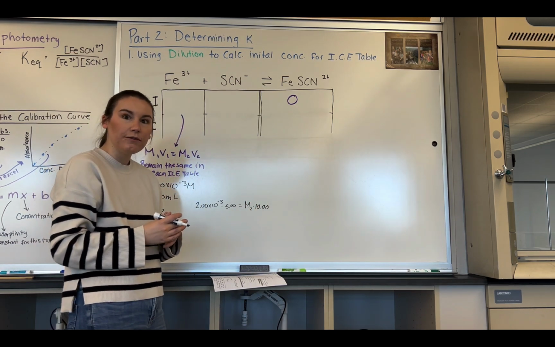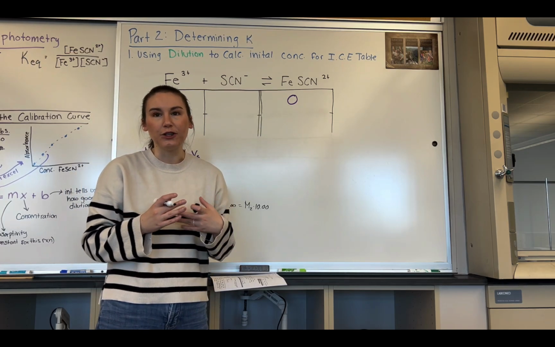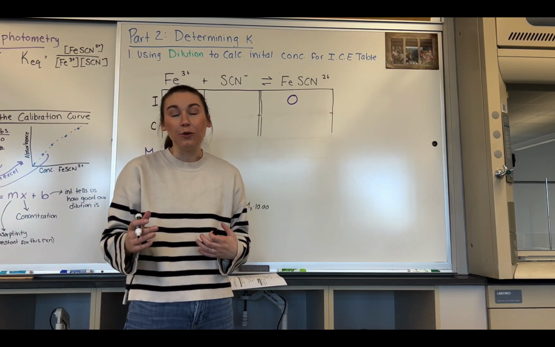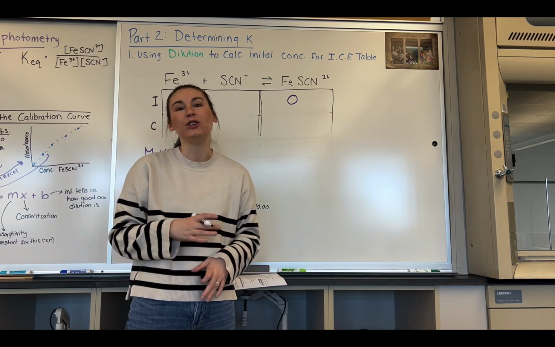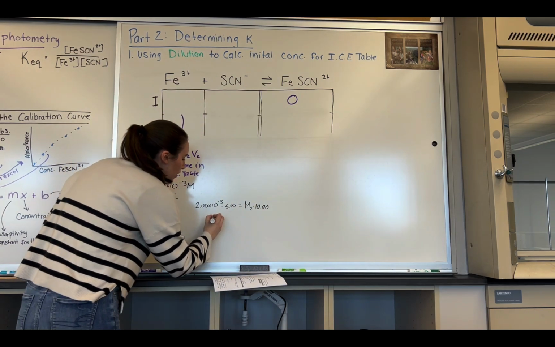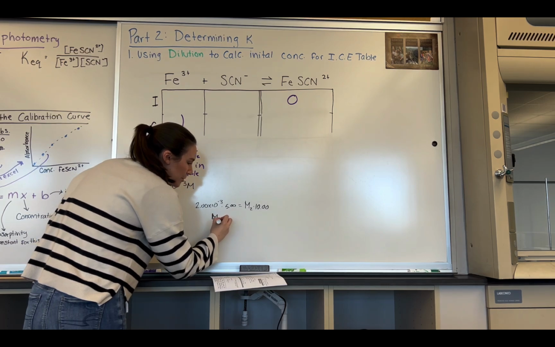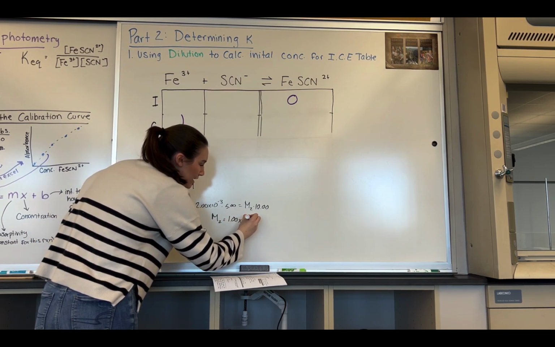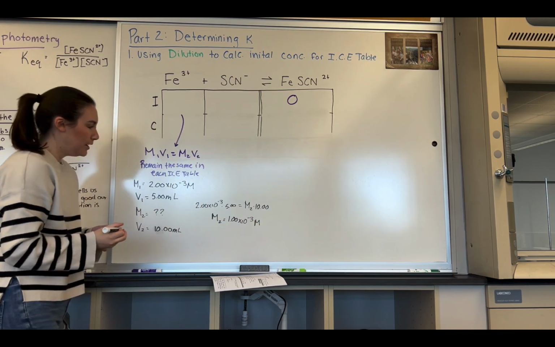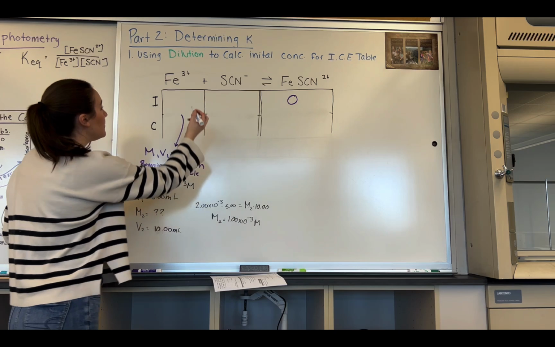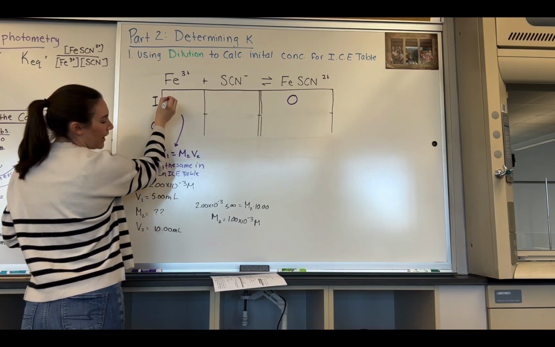Again, we don't need to convert our volume units, because they're going to end up canceling out when we do our division anyways, so you can leave them in milliliters and you don't have to worry about converting them to liters. So we solve for M2. In this situation, my M2 is 1.0 times 10 to the minus 3 molar. Okay, so that would be the value that I plug in for my initial concentration of iron.